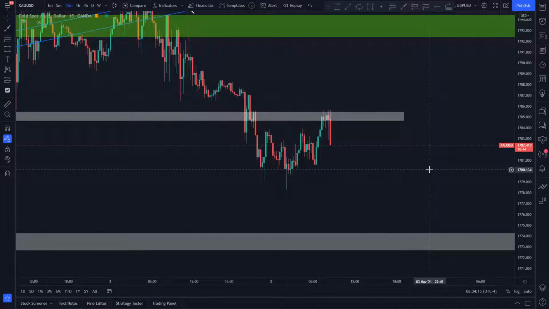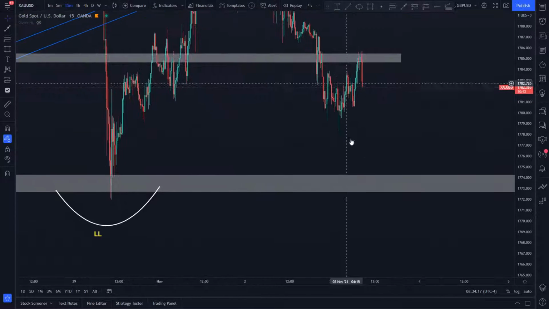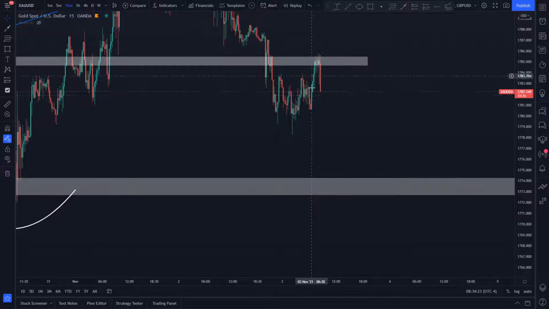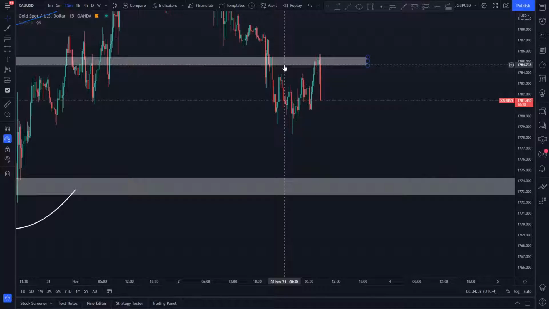You can continue it to the downside until we hit the lower low. And naturally you will see gold start dropping right at that recent structure, because those structures act as support and resistance. So you don't necessarily have to wait for the retracement. You can just trade it based off of the structures.